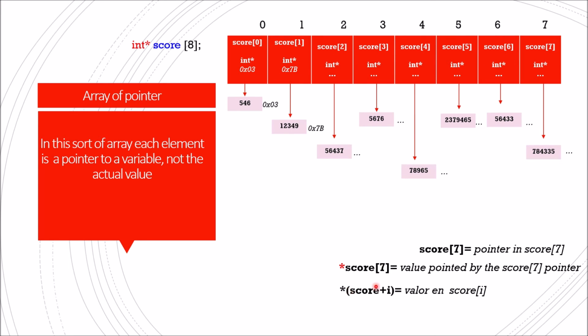And how do I operate to get the value there? Actually, I can also dereference it. Because it is taken as a pointer, score is already an address, and I'm not using this index now, but I'm using this, taking into account it is considered a pointer. So I am dereferencing and I am going to have here the value.